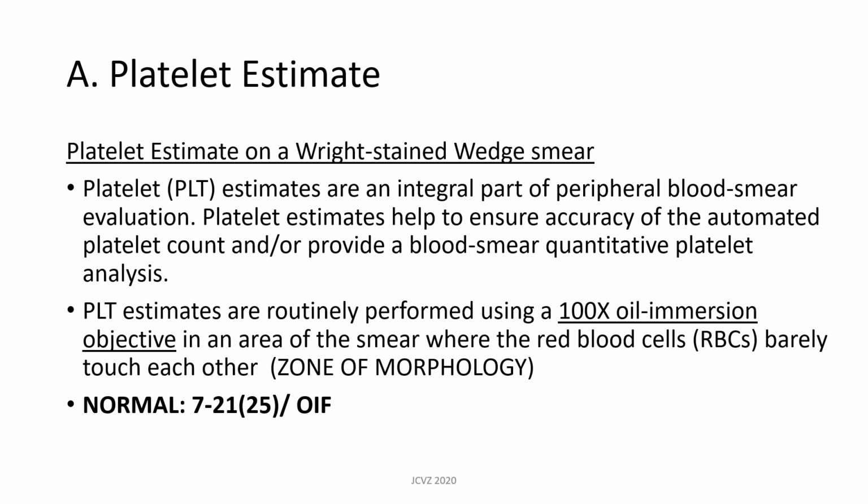So platelet estimates are routinely performed using your 100 times oil immersion objective, again in an area of your smear we call the zone of morphology. So normally in one oil immersion field we can find platelets ranging from 7 to 21 or 25. Okay, that's the normal number of platelets we can see in one oil immersion field.